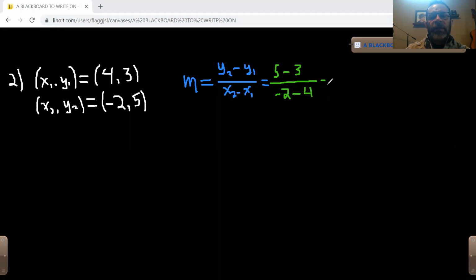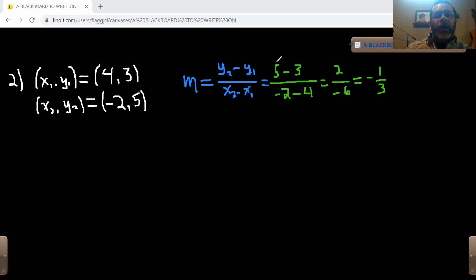Okay, and this is going to give us 5 minus 3 is 2, minus 2 minus 4 is minus 6. And so this means that this is going to be minus 1/3. Okay, that's going to be the slope.